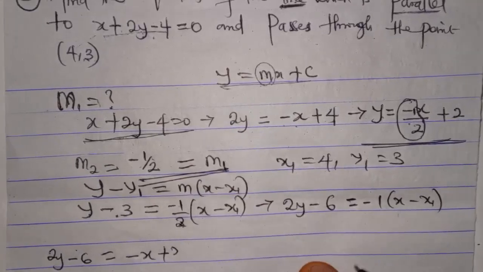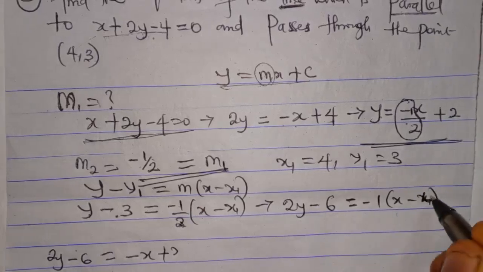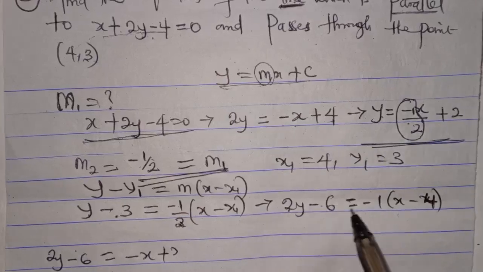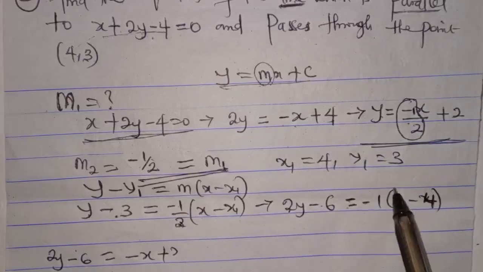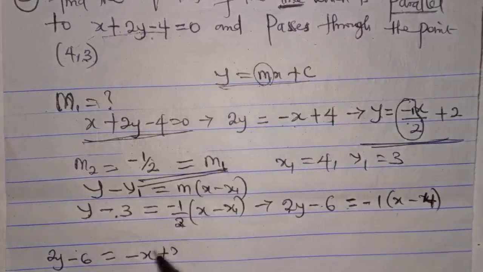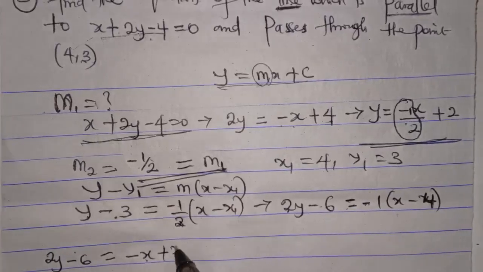Sorry about that. What is x1? x1 is 4. So I have 2y minus 6 equal to minus 1 into x minus 4. Minus 1 times x is minus x. Minus 1 times minus 4 is plus 4.